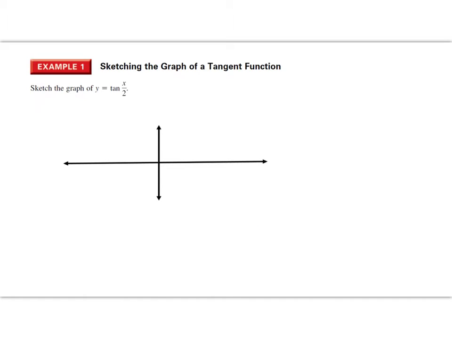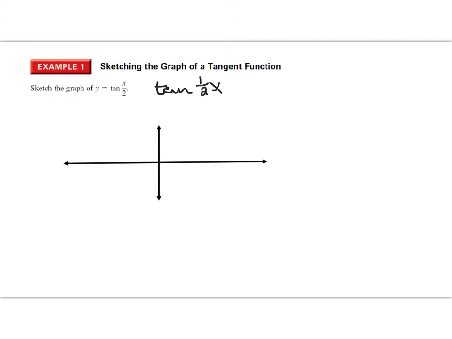So now here it says you want to graph the tangent of x over 2. What you want to think about is this is kind of like looking at the tangent of 1/2 x. That's the same thing. Now this is all inside. If you remember, on the inside, it affects left and right, and it does the opposite of what you think.